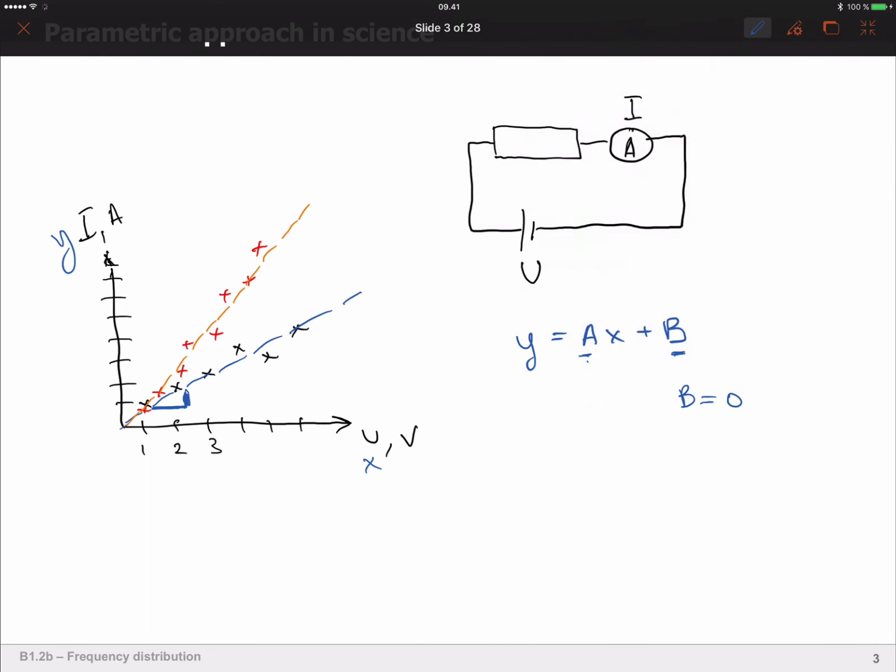Let me call the parameters for the first metal A1 and B1, and then for the second we have y equals A2 x plus B2. Again, B2 will be equal to 0, because it doesn't matter which metal you use: if you don't have any voltage, the current will also be 0. And A2 will be the slope of this line.